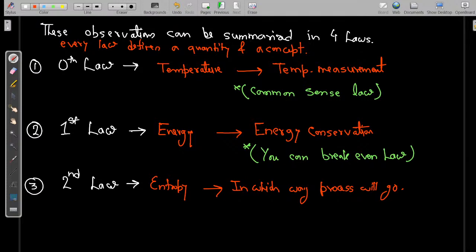Or in other words, we can say what is the direction of time. किस डायरेक्शन में टाइम प्रोसीड करेगा, that tells the second law. ठीक. Then we can say in other words, you can break even at 0 Kelvin.